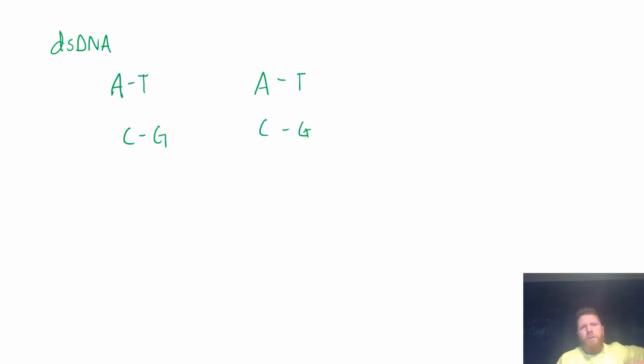So when it comes to thinking about a dsDNA molecule, one of the things that's quite common is to know the base pairing. So you would know that adenine binds with thymine, cytosine with guanine, and guanine is going to bind with cytosine.